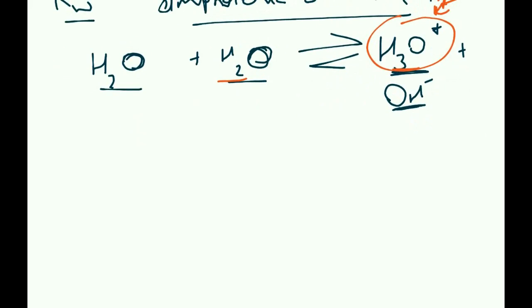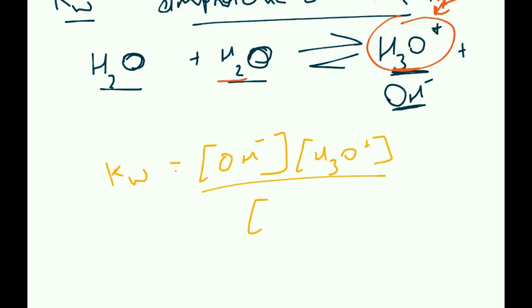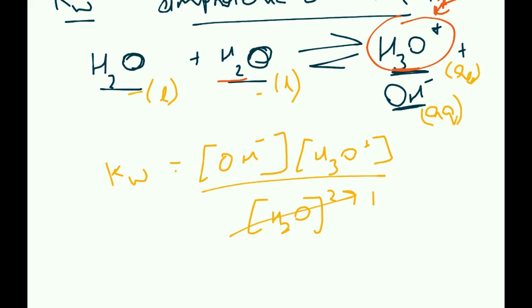If you want to find the ionization constant for this reaction, my Kw is going to be the concentration of OH negative times the concentration of hydronium ion, divided by the concentration of H2O squared, because it's H2O times H2O. And the water I'm going to take as liquid, and this is going to be aqueous, so this can be taken as 1 essentially.